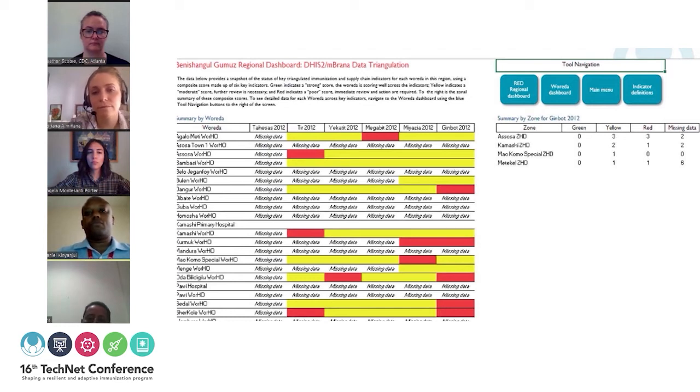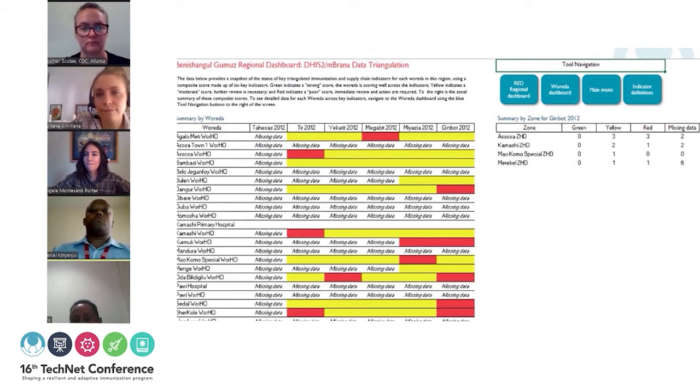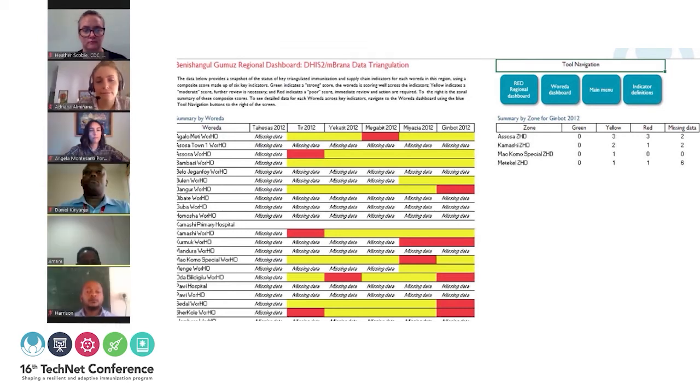At the same time, as you see from the right side, as a summary, the region has a number of zones, and a zone contains a number of districts. So automatically the tool gives the score, how many districts scored green, yellow, red, and at the same time it gives the missing data from each district.